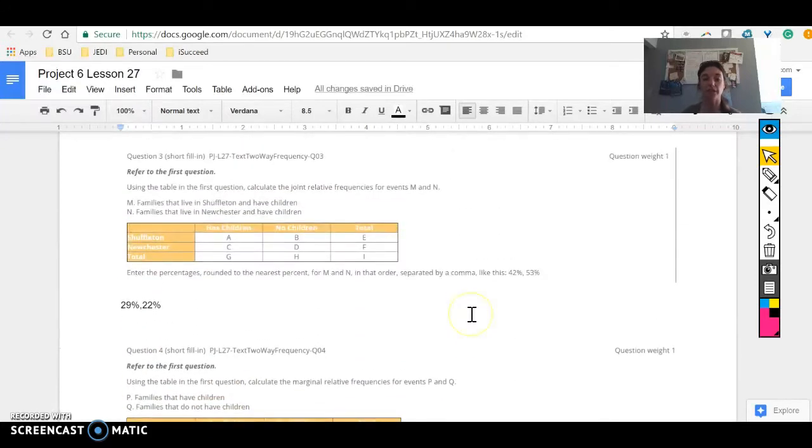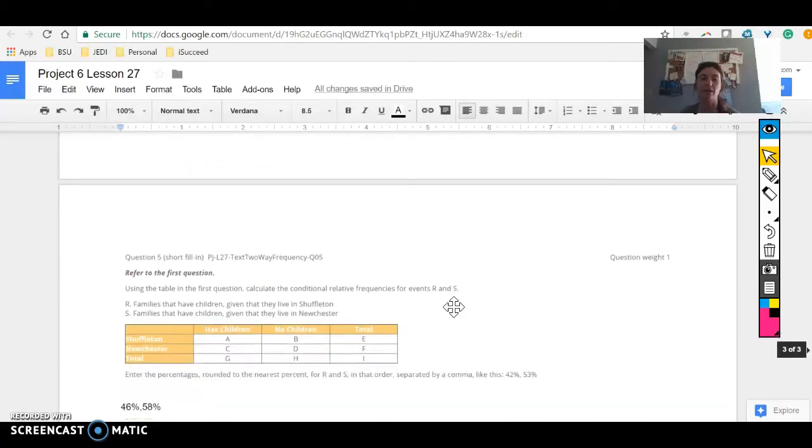And for number 3, they were looking at the total in Shuffleton compared to the total number of families surveyed, and the total in Newchester compared to the total number of families surveyed. And that doesn't do us a whole lot of good because we want to know the total number of families with children in each community compared to the total number of families in each community.